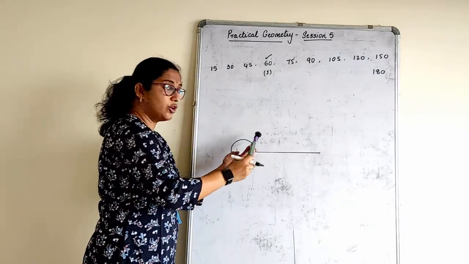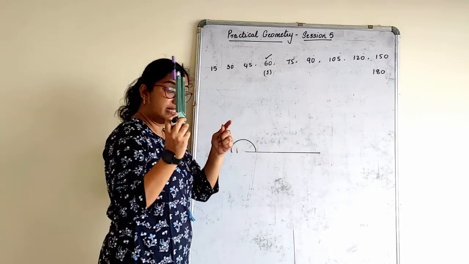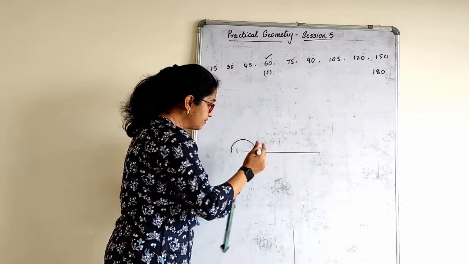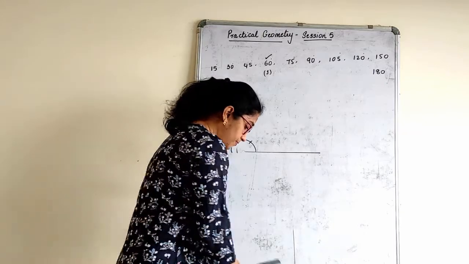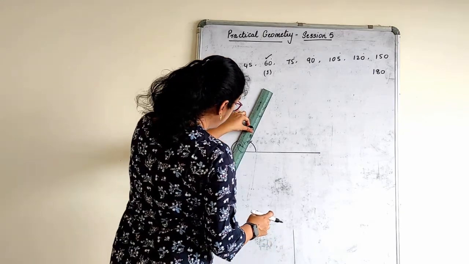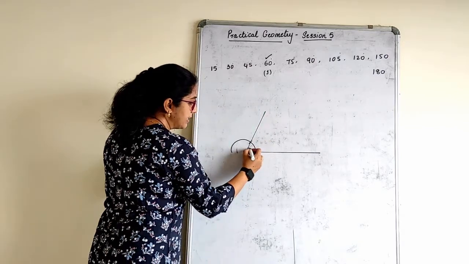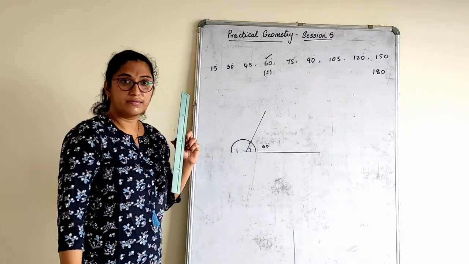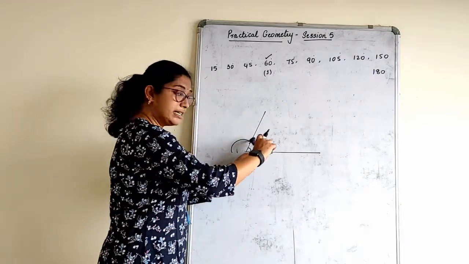Okay, we will draw an arc. After you draw an arc, keep the same radius. Keep your compass here. Cut an arc. It is cutting here, right? If you join a line with this point, this angle is 60 degree. Okay, children? First you cut an arc here.